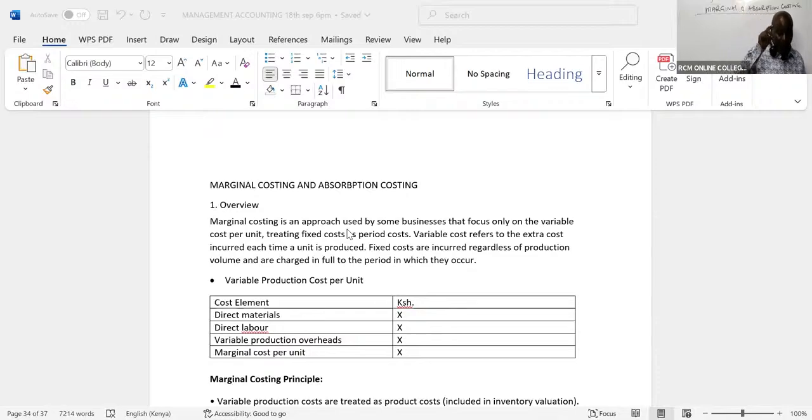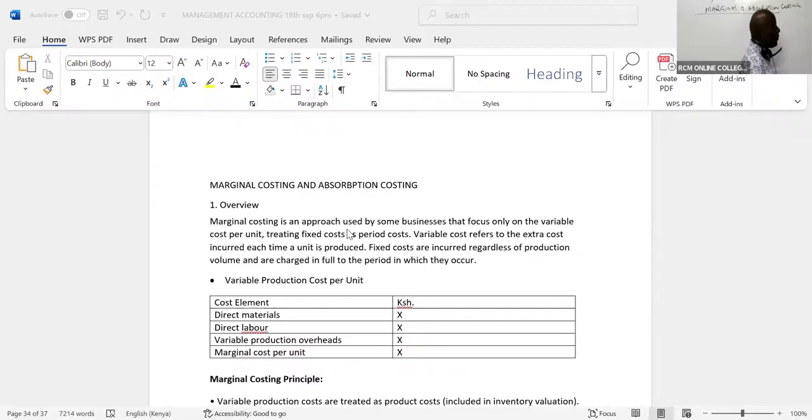I repeat, marginal costing is an approach used by some businesses that focuses only on variable cost per unit, treating fixed cost as period costs.